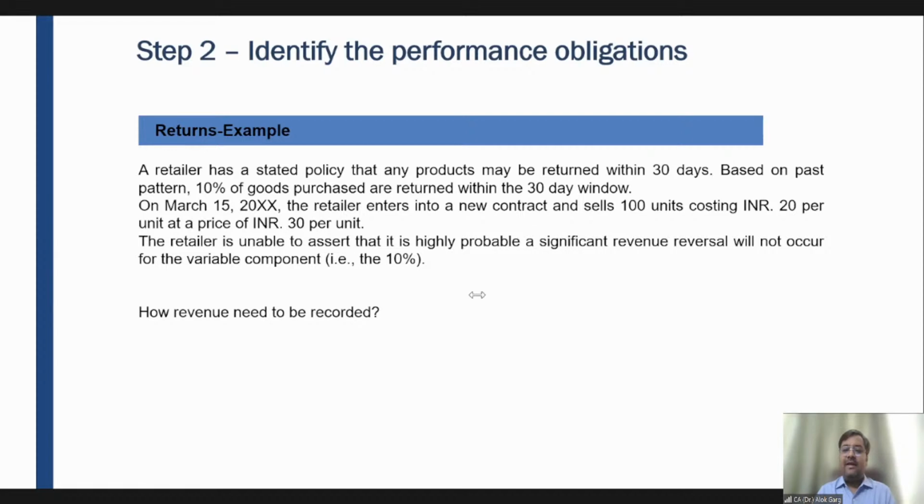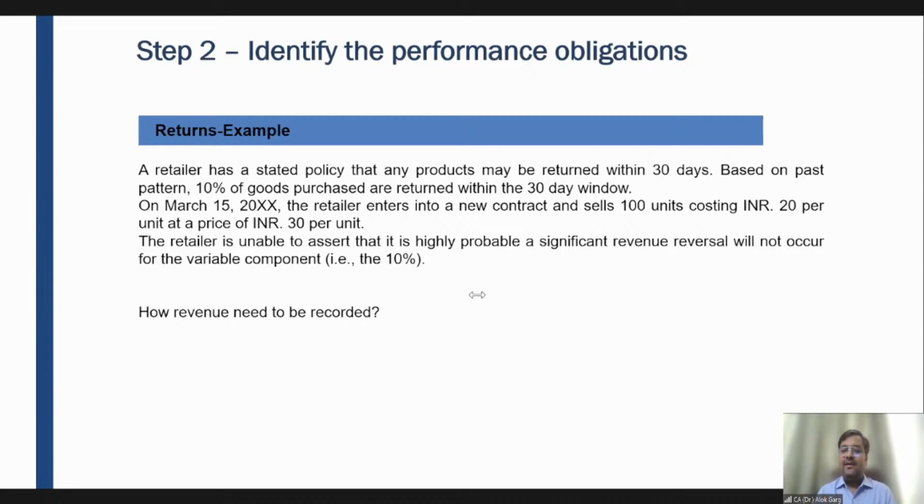If you do not recognize any revenue, the entire revenue will shift to the next year, which is not correct and will not reflect the true picture. If you recognize 100% revenue, even that is not correct, because there is a right to return also, there is a return policy also.